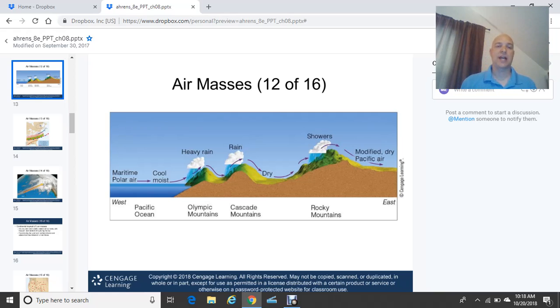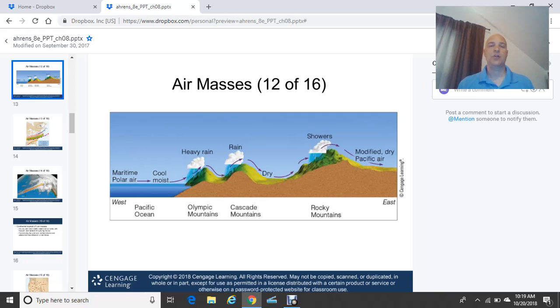On the leeward side, the air sinks, as indicated by these purple arrows, and it's a much different climate, very dry in fact. As the maritime polar air mass gets modified and moves further inland into the Rocky Mountains, the air once again rises up the windward side of the mountain slope, and then sinks down the leeward side.